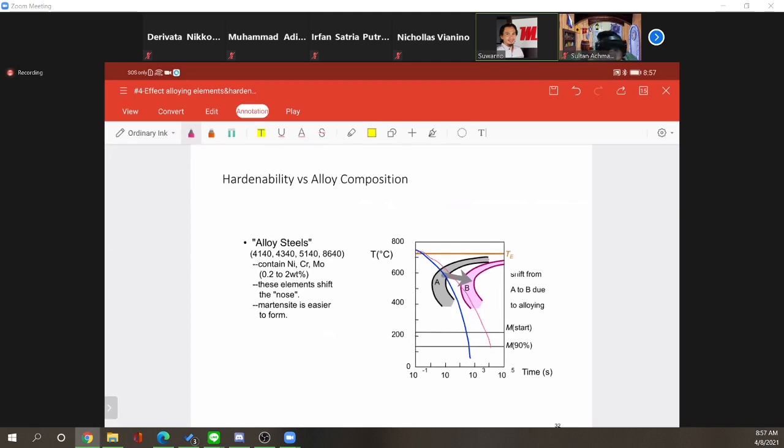Then if you shift it again to, for example, here on the C curve, you have more martensite, of course, even though the cooling rate is rather slow compared to the blue one. So logically, you can think that addition of alloying element will make the alloy easier to be hardened, or in other language, the hardenability of steel will be increased as the alloying element is increased. So that's the thing.